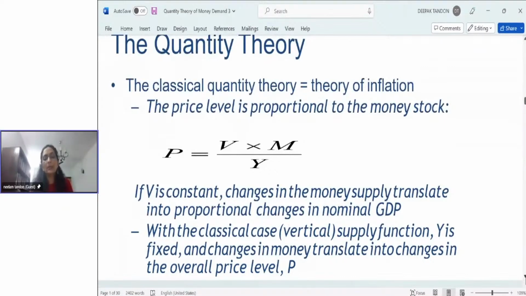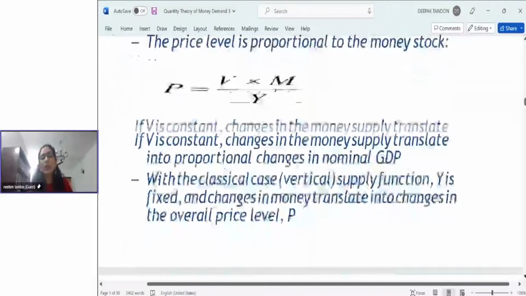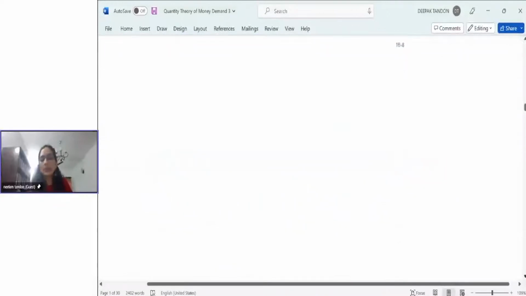Money as a transactive motive, or money for transaction or exchange, not for store of value. He didn't speak about store of value. And what leads to higher money demand? Higher the price level, higher the money demand, or money demand pulls prices up, because velocity and income in the short term are considered constant.